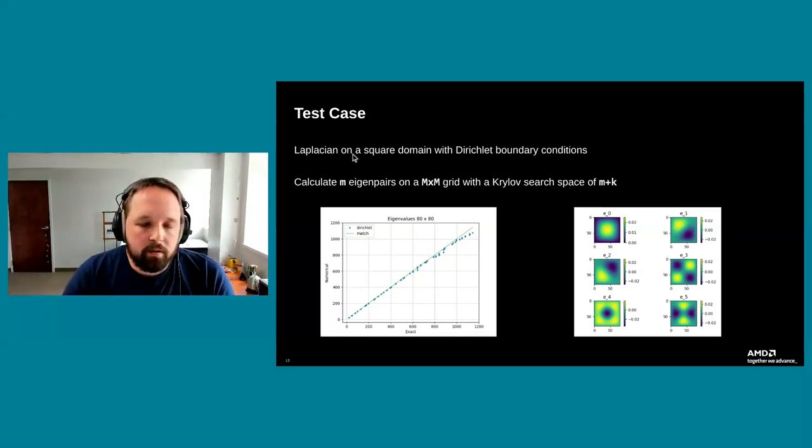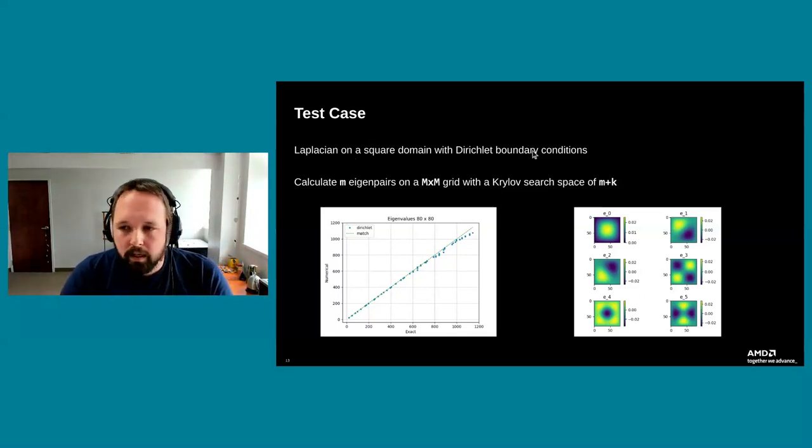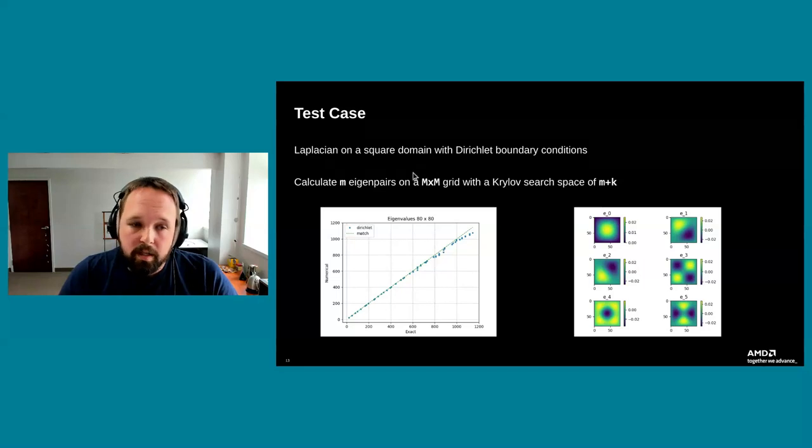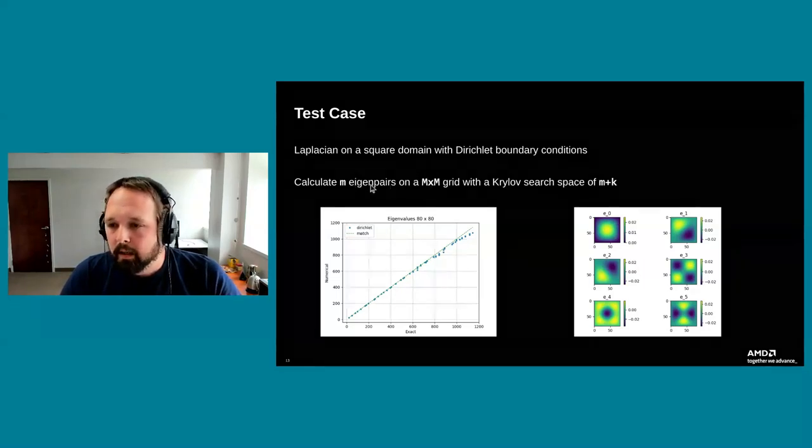What we're going to do is look at the Laplacian on a square domain, again with Dirichlet boundary conditions. We're going to calculate little m eigenpairs, a variable that we'll tweak in our benchmarks, on a capital M by capital M grid, which is also a variable we'll be tweaking. These will control the problem size.